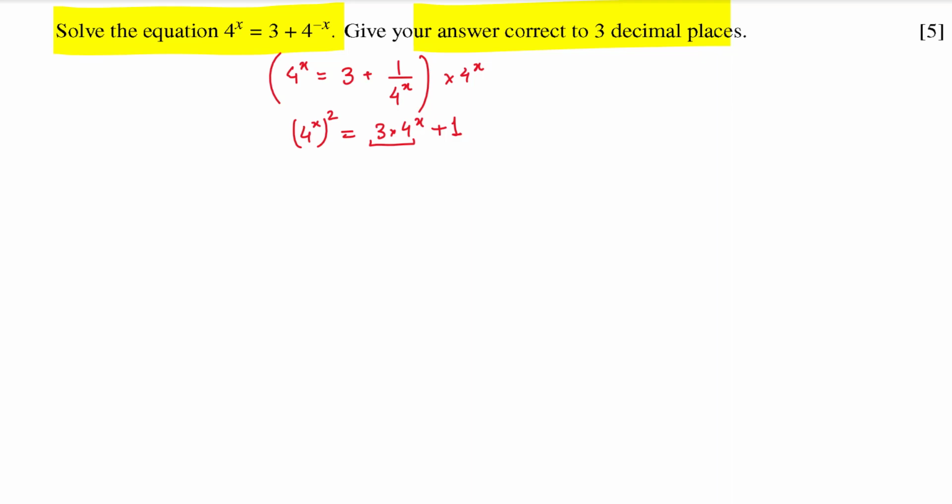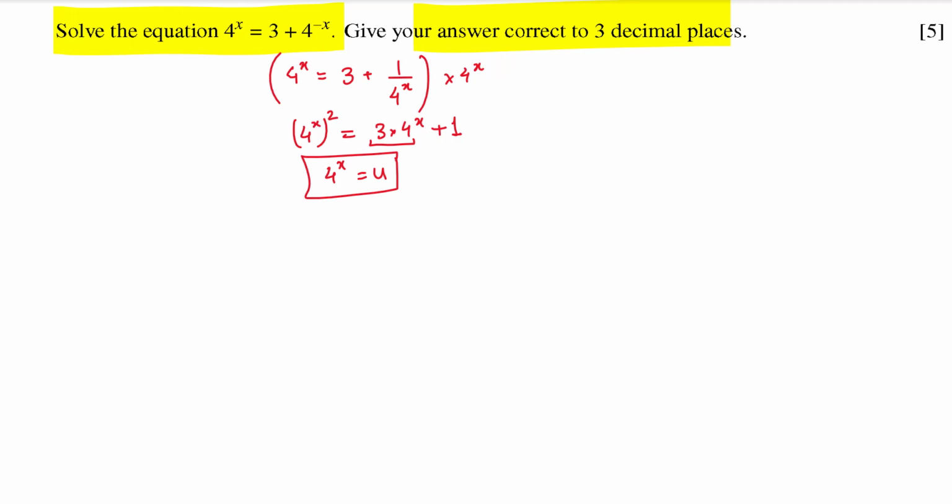And then we got a quadratic equation, so we cannot use log directly, we will use the quadratic formula we have just seen in the previous part. I will take this 4 to the power x as another variable, u.